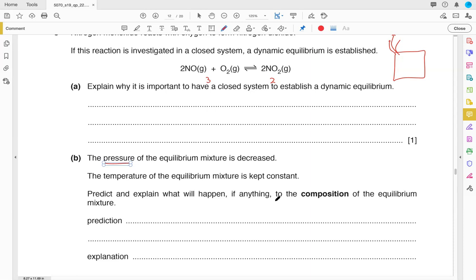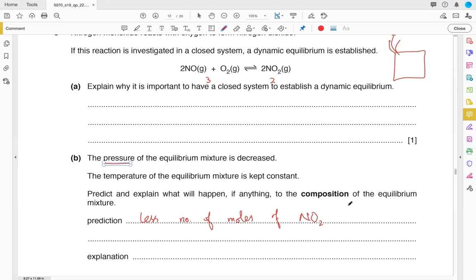What you're doing here is that you're decreasing the pressure. What that does is it pushes the equilibrium backwards. Why? Because the things with fewer gaseous moles are going to react more. So if you decrease the pressure, there is going to be a decrease in the amount of product here. So the prediction is that there is less number of moles, or less concentration, or less amount, or less number of molecules of nitrogen dioxide.